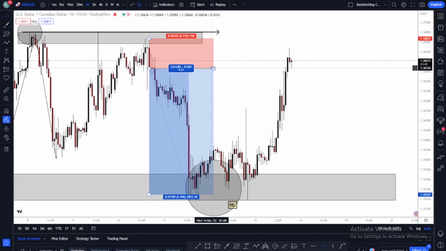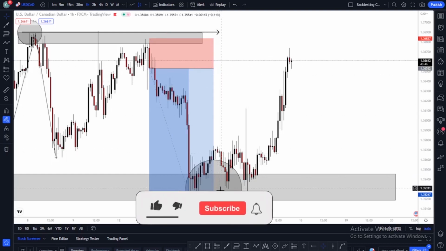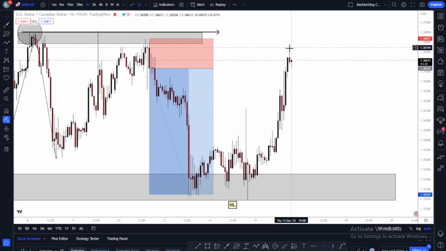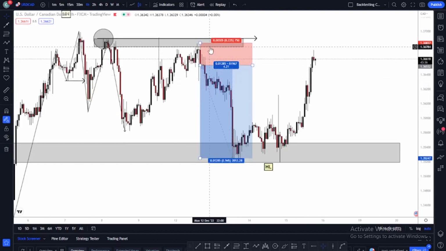Now we are moving on to how I caught the continuation back to the upside. Remember, the fact that we were catching the retracement didn't mean that price was in a downtrend. Remember, the H4 was bullish. So the fact that we are trying to catch the retracement on the H1 time frame doesn't mean the overall trend is bearish.